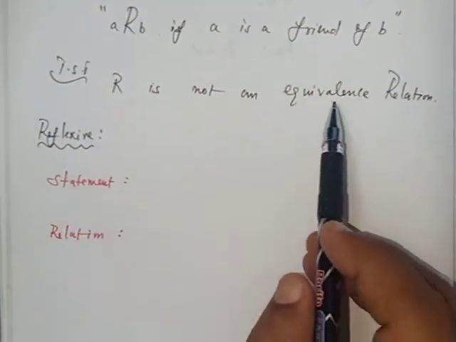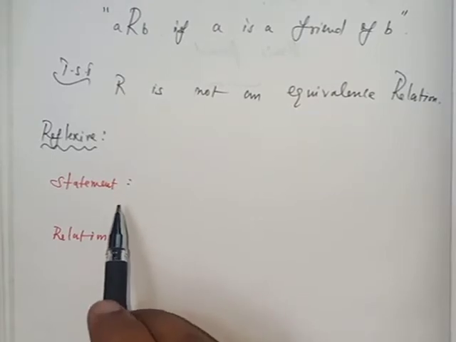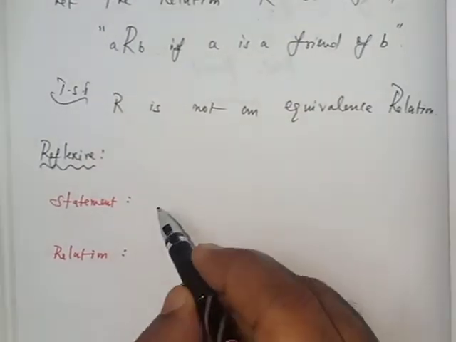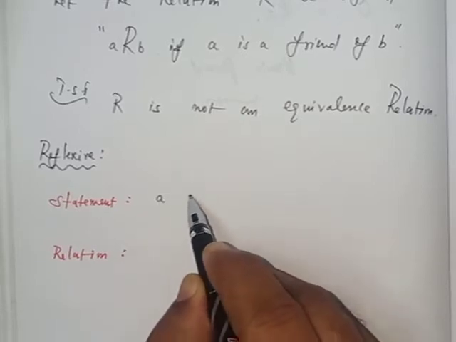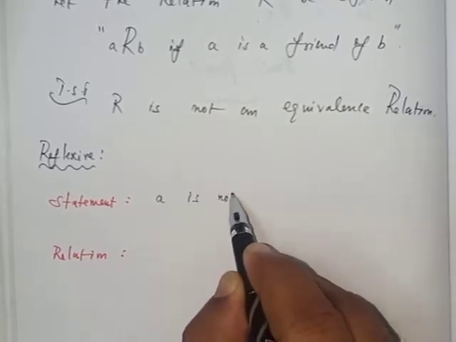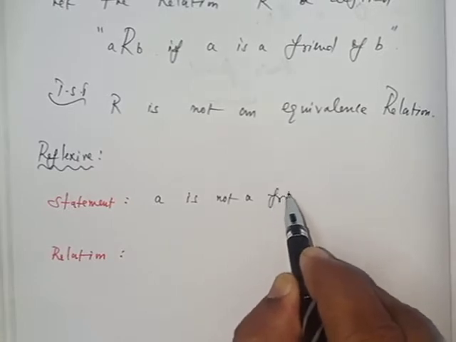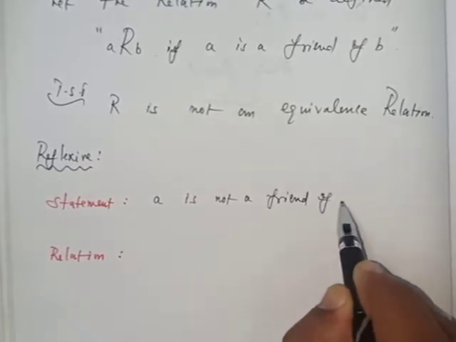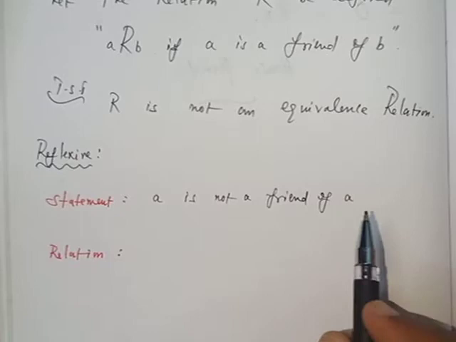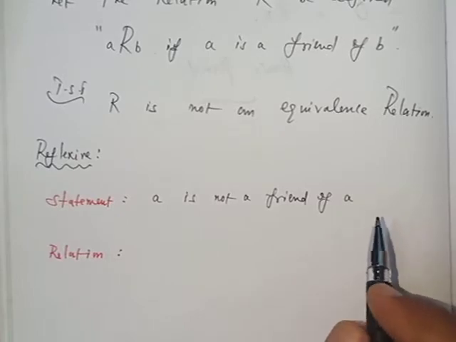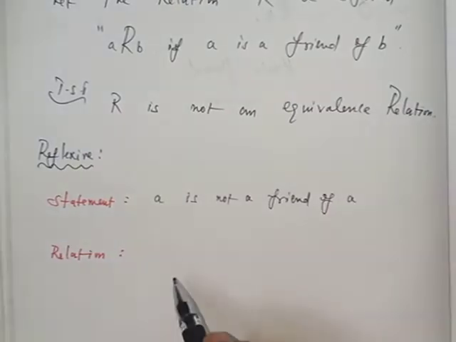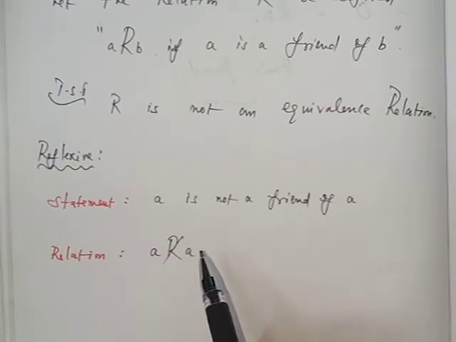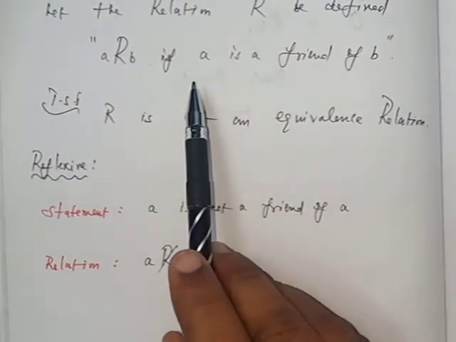Okay, we start with the reflexive statement. Consider only one person. A is not a friend of A only. Correct? A person cannot be a friend of the same person. Therefore, A is not related to A, because what is the statement given?